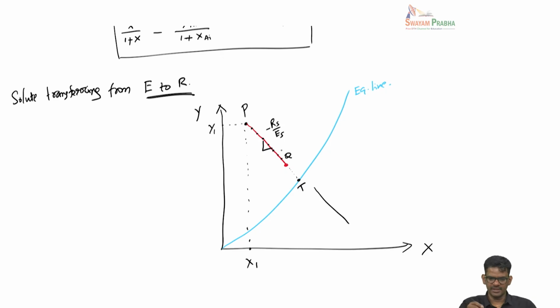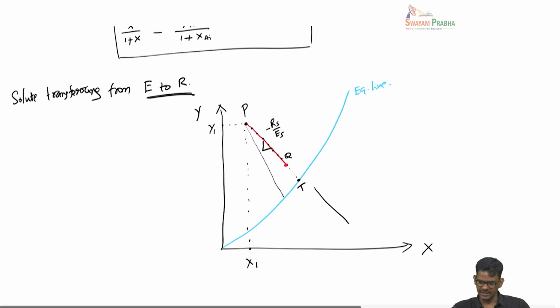If I draw the driving force line for point P, you might have it here, and as you move somewhere here the driving force line decreases, and when you come here maybe you have a very little. These are all the equilibrium compositions corresponding to those bulk compositions. This line will again be proportional to the mass transfer coefficients kx by ky.